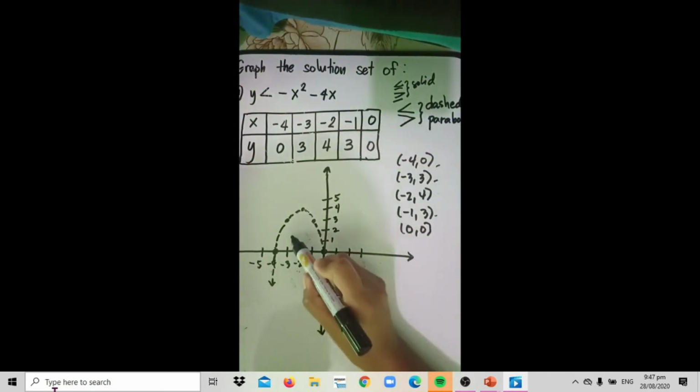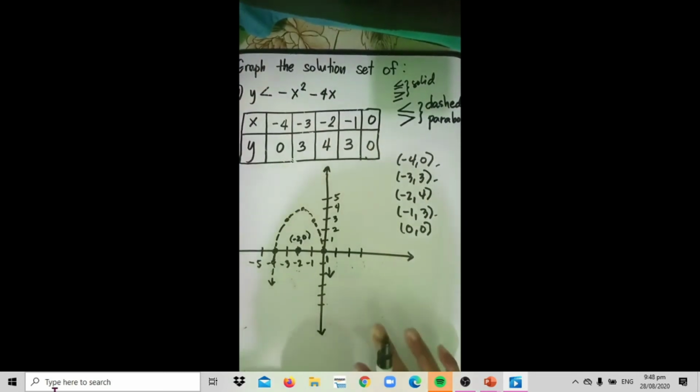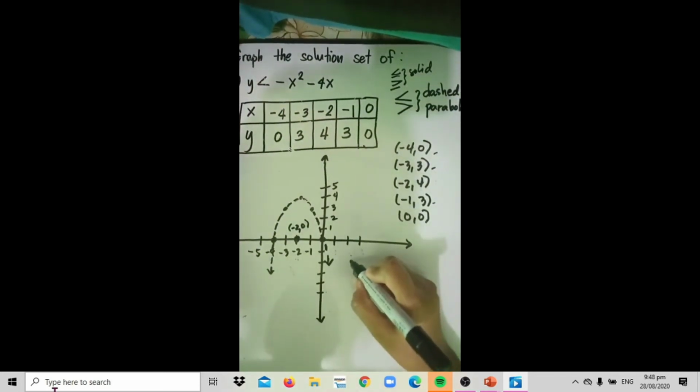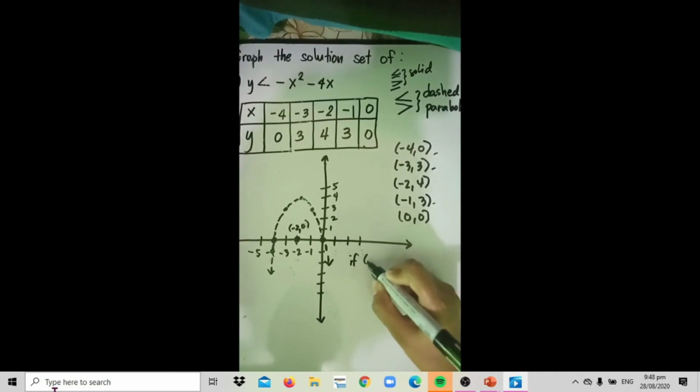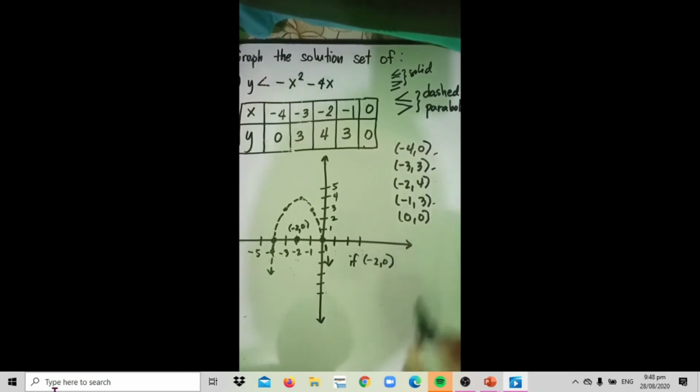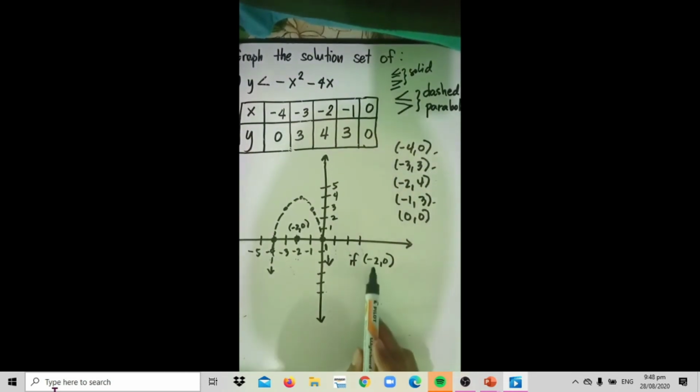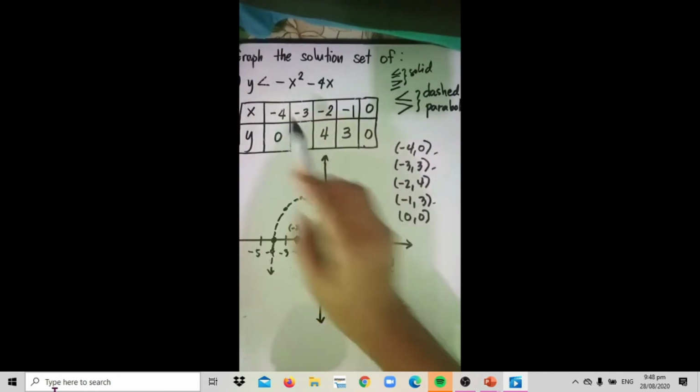So, ano ang coordinate ng point na ito? We have negative 2, 0. Okay? So, if our point is at negative 2, 0, isubstitute natin etong coordinate natin doon sa quadratic inequality.